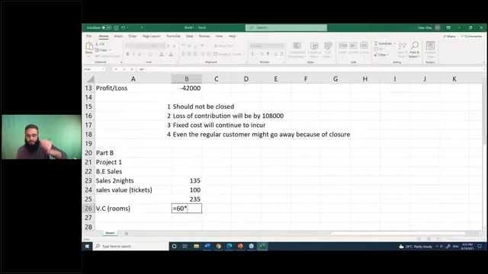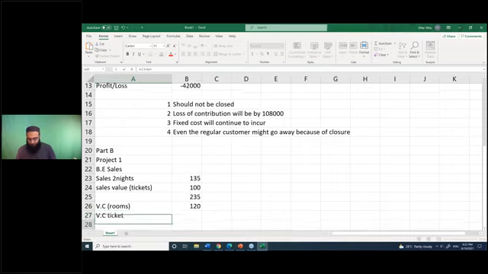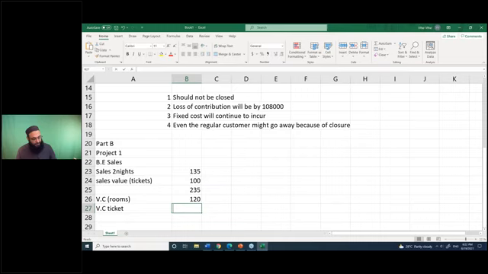So it's 60 into 2. Then you have the variable cost of tickets that Elka needs to bear, and that's the special price of 95. Okay, so done with this one as well.